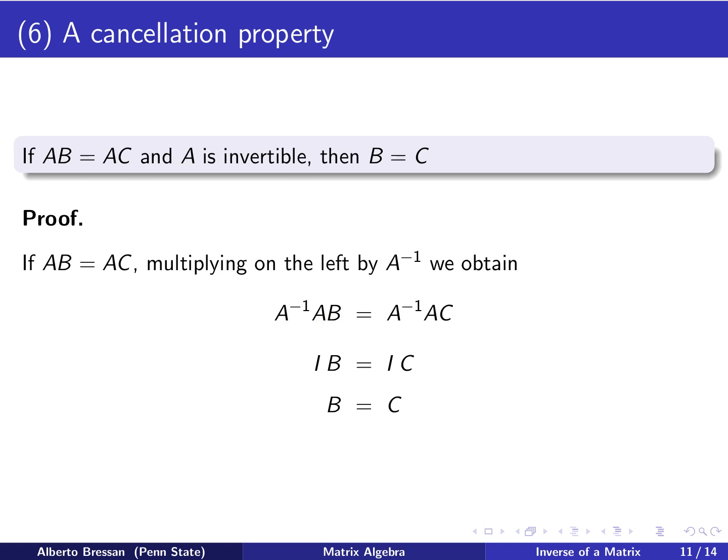So A times B, A times C, on the left I put A inverse and A inverse. And then A inverse times A is identity. I have identity times B equals identity times C, which is just B equals C. Okay?